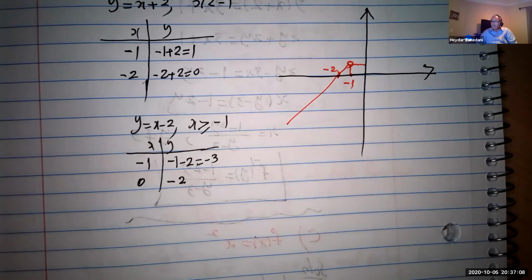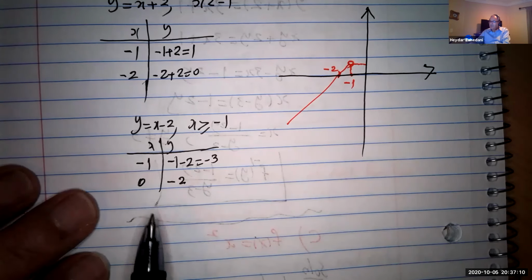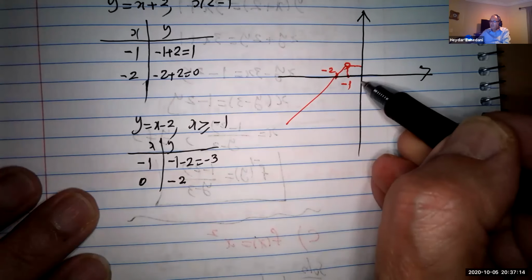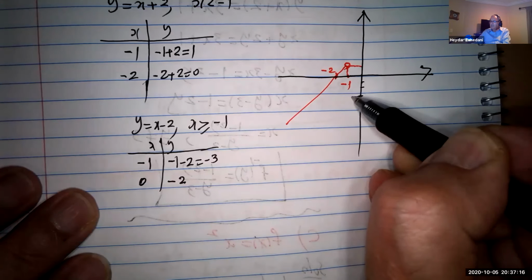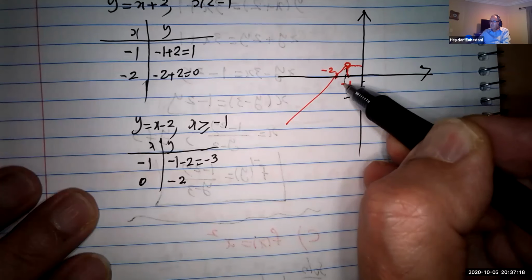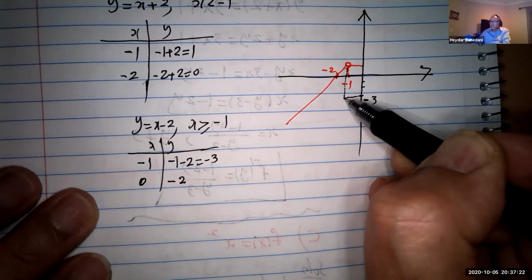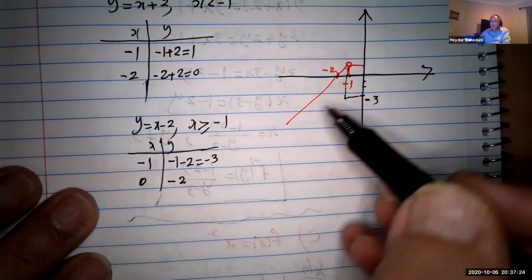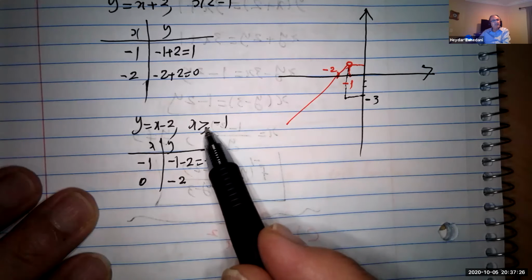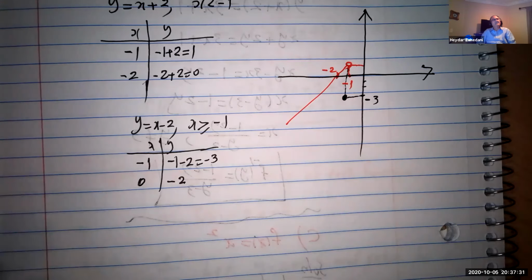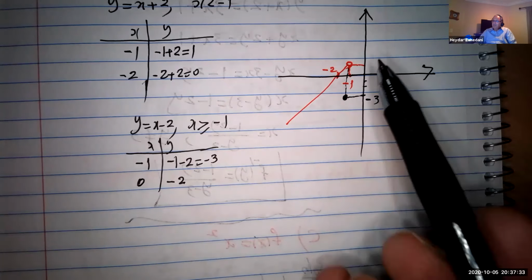Go back and identify it. You see negative 1 and negative 3. So you are going to be starting from here. That's your negative 3. Then you check to see if you have the equality sign. Since there is an equality sign, you make it solid. You see this is empty, this is solid.